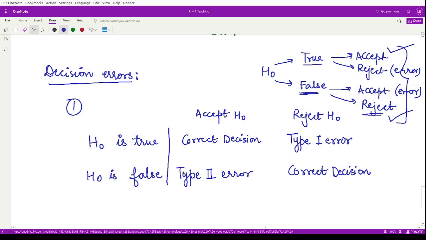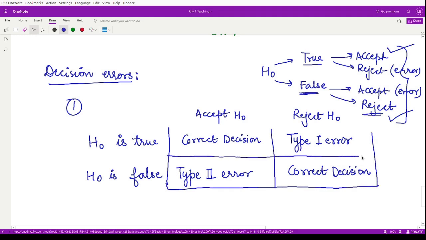So that is also a concept here. These could be the errors that you obtain using statistics, because you actually do not know whether your hypothesis is true or false. These decisions we are making on the basis of our calculations, right?